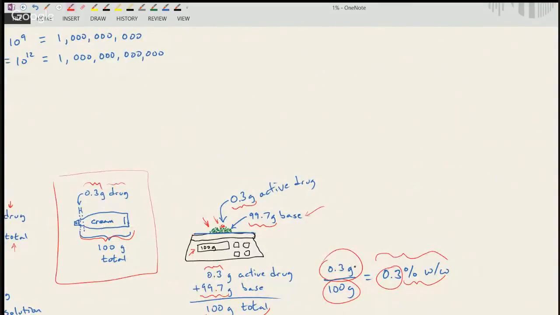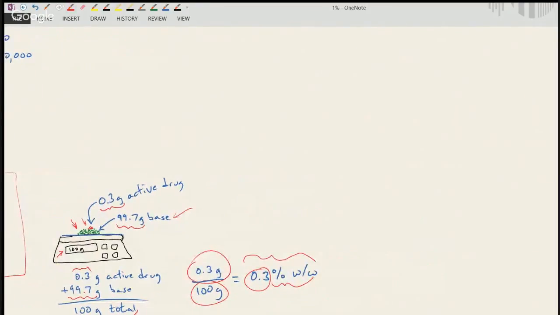20 mLs of active ingredient is in 100 mLs total solution. So how many mLs are in 500 mLs of total solution? And if you remember your math, you would cross multiply: 100 mLs times X equals 20 mLs times 500.